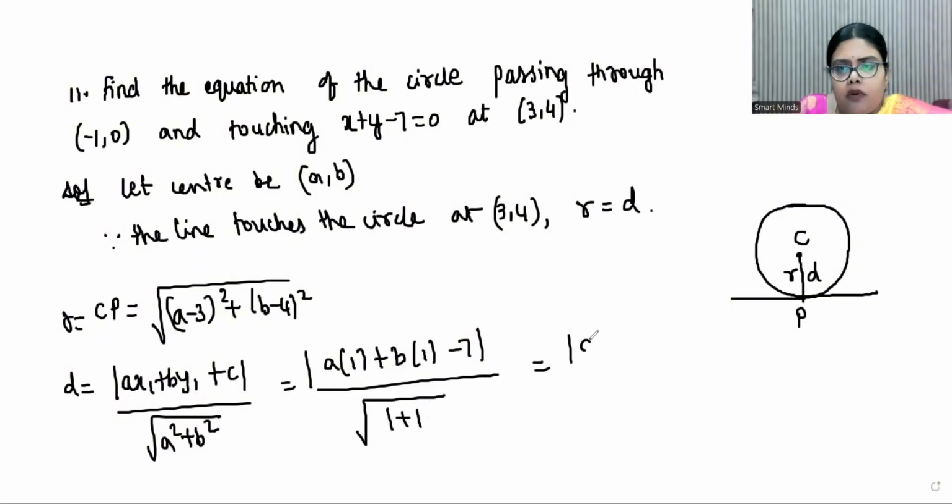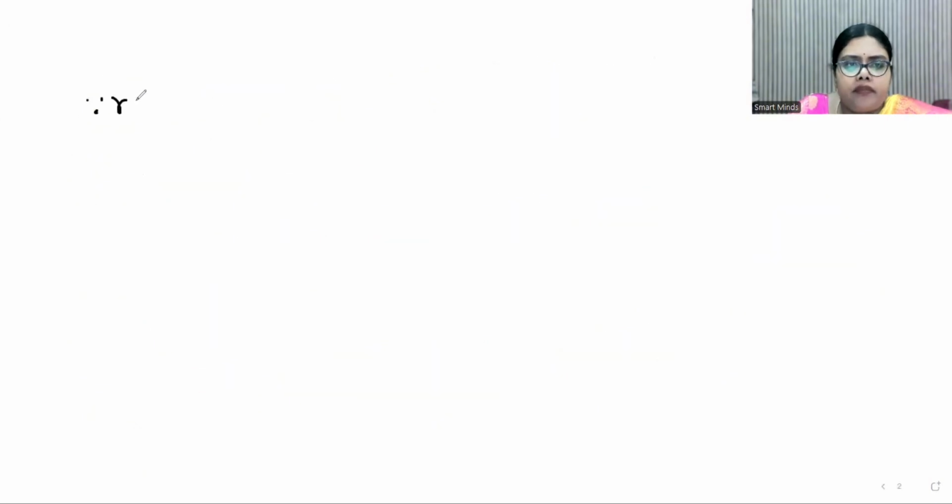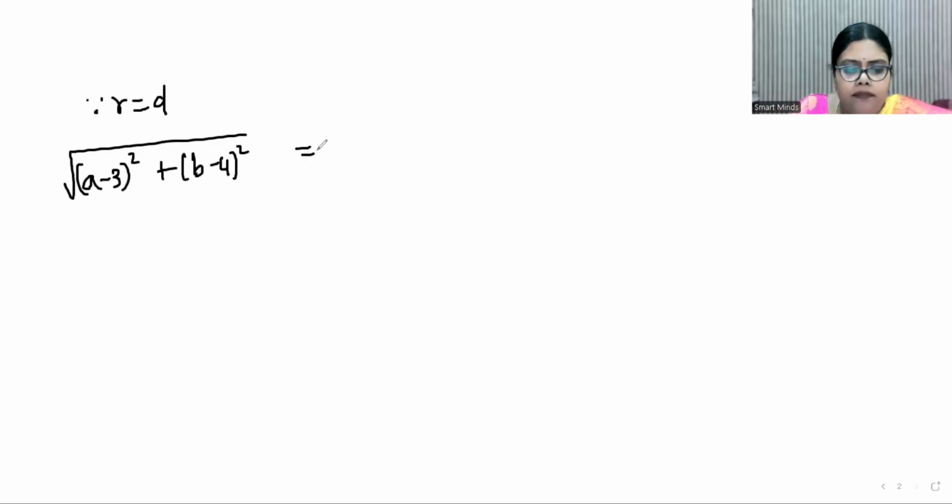So that is mod a plus b minus 7 by root 2. Now since r is equal to d, we can equate them. So under root a minus 3 whole square plus b minus 4 whole square is equal to mod a plus b minus 7 by root 2.